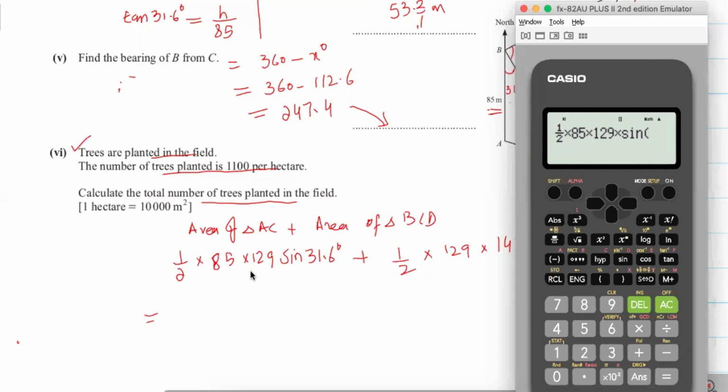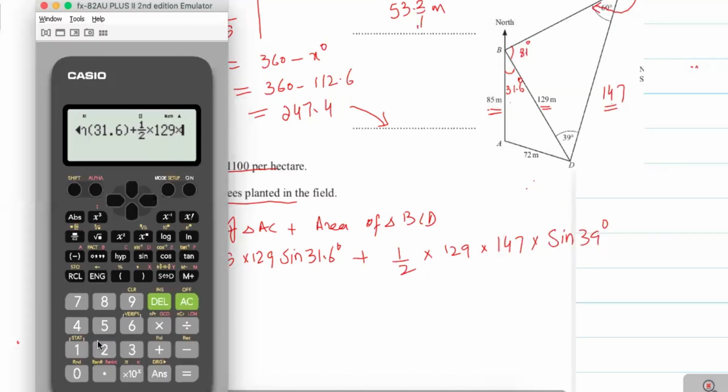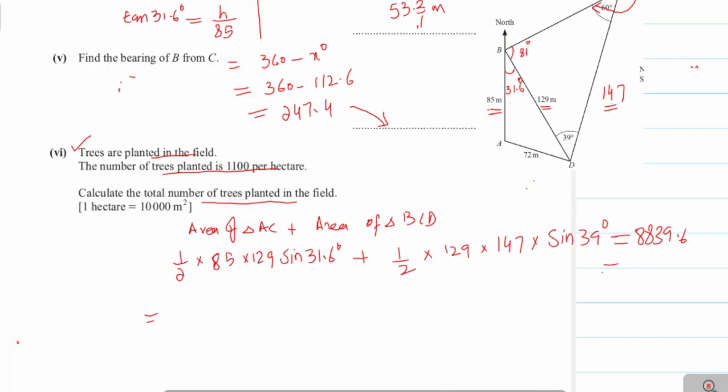Look here, this is 1/2 into 85 into 129 into sine 31.6 plus 1/2 into 129 multiplied by 147 multiplied by sine 39, and this value is 8840 meter square, and we will convert this into hectares.